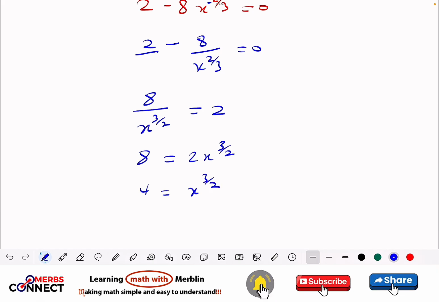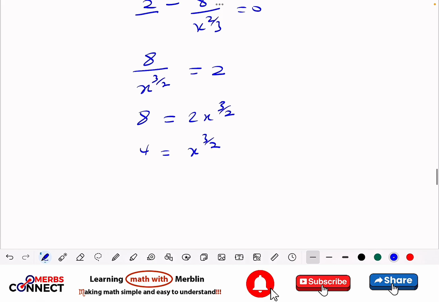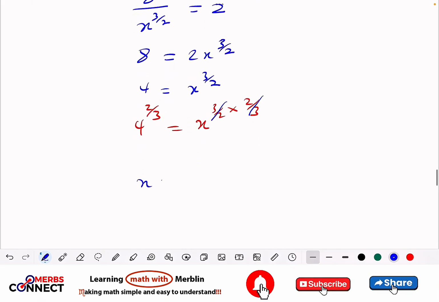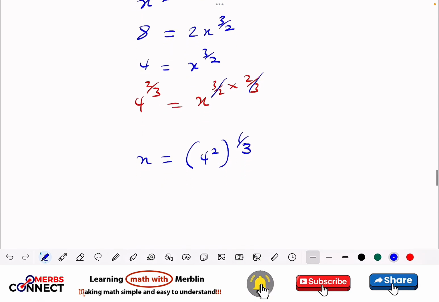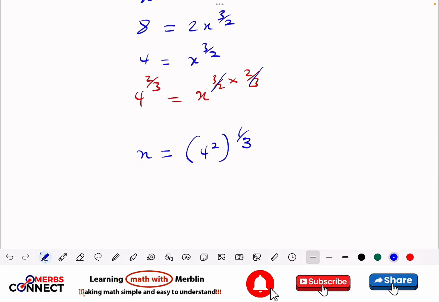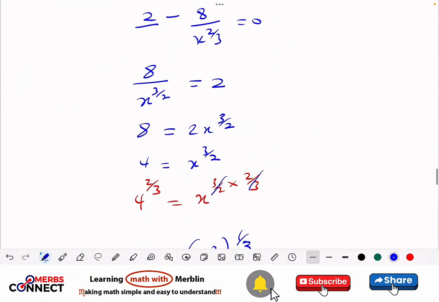And now, for me to do this, I'm going to multiply this one, x to the power 2/3, by 3/2, so that this will cancel that. So x will be equal to x^(2/3) all to the power 3/2. Did I do this one right?